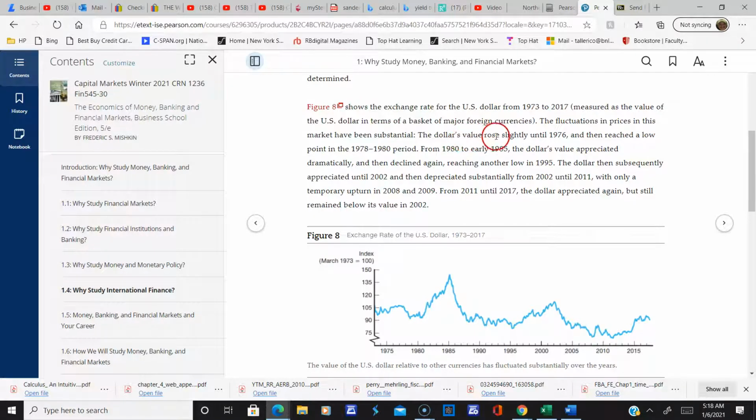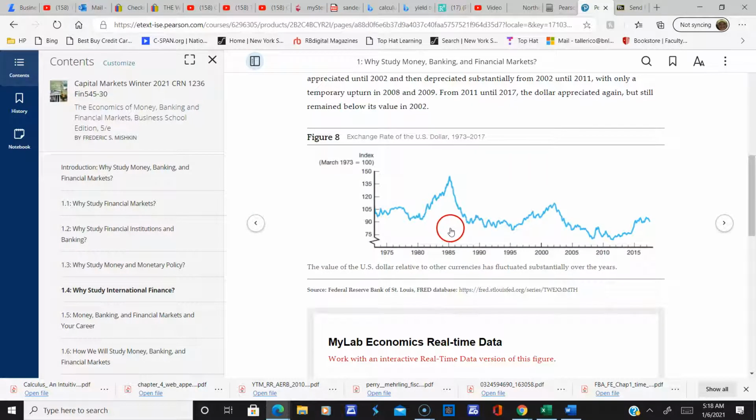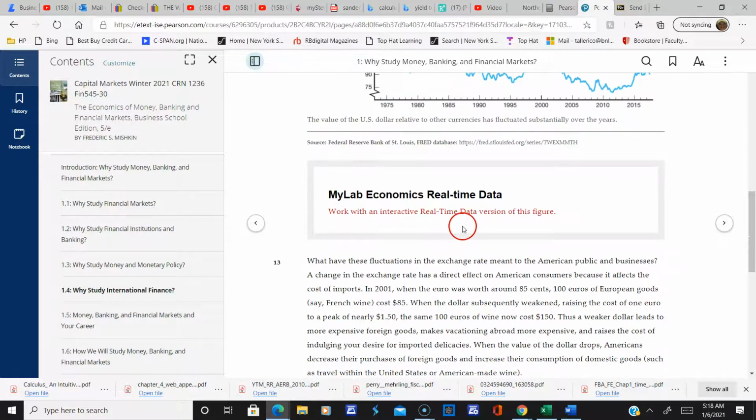The dollar's value rose slightly until 1976, and then reached a low point in 78 to 80. From 80 to 85, the dollar appreciated dramatically, then declined again, and then reached another low in 95. So it fluctuates up and down, like all other world economies do, okay?